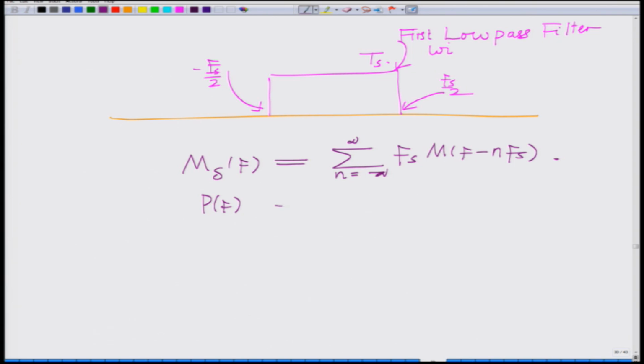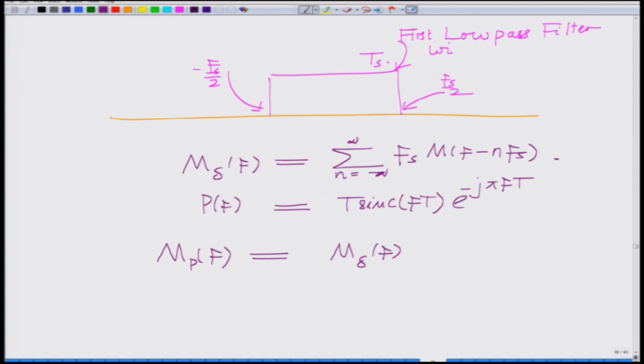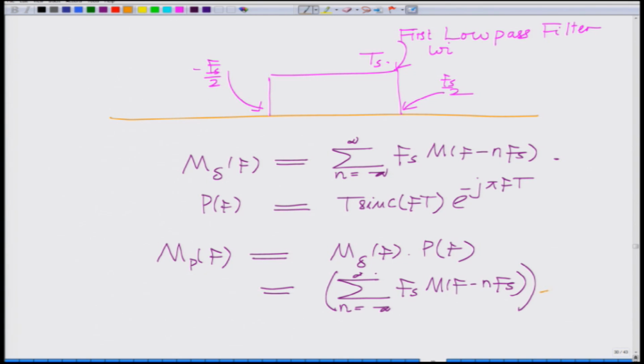P of f we know that is basically T sinc f T e to the power of minus j pi f T, and therefore MP of f, that is the response of the pulse amplitude modulated signal, that is M delta f times P of f, which is basically your summation n equal to minus infinity to infinity Fs M of f minus n Fs times e to the power of minus j pi f T.